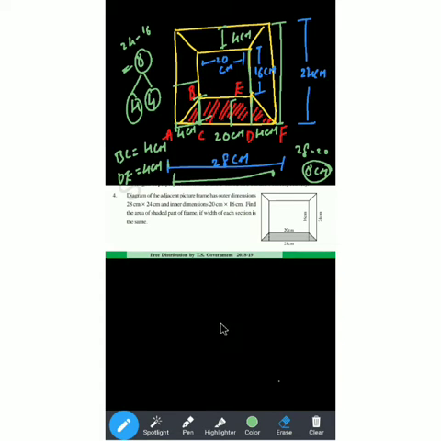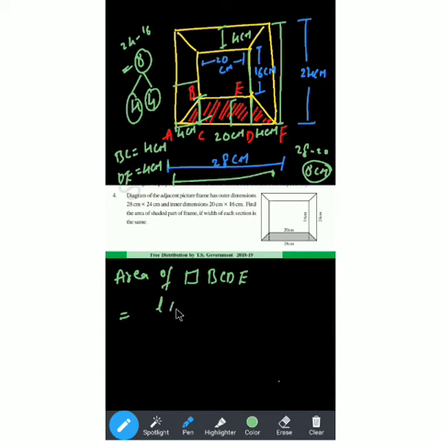Next, the area of rectangle BCDE. What is that?